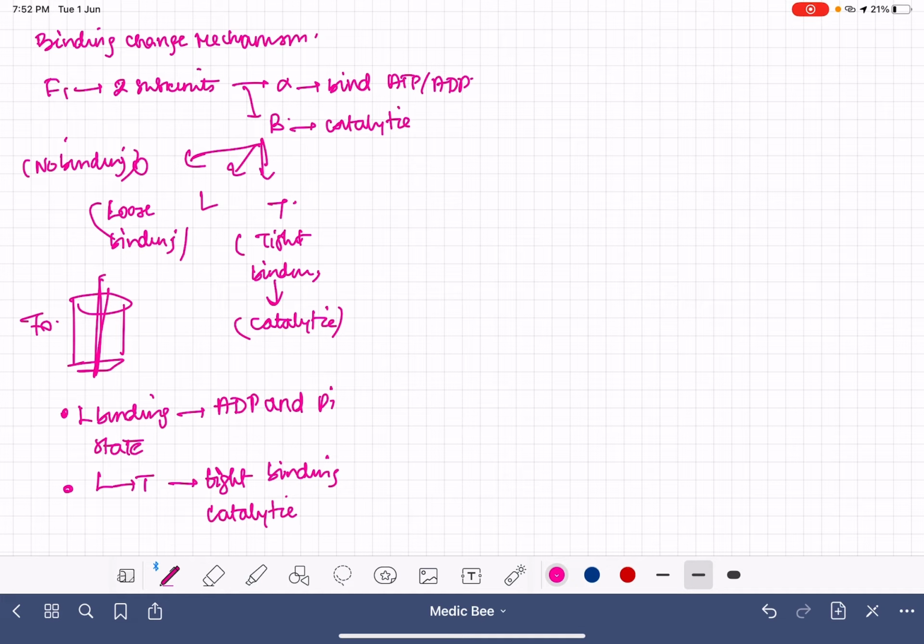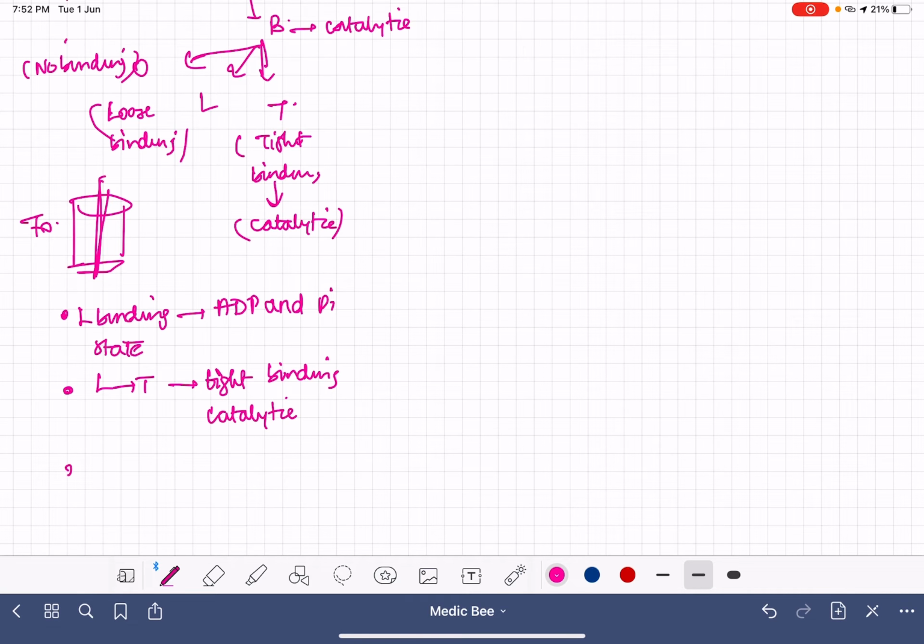When the unit is in the T state, it converts ADP to ATP. Then to release the ATP, it goes back from the T state to the L state, and the ATP is released.